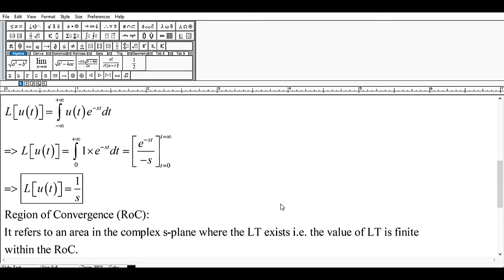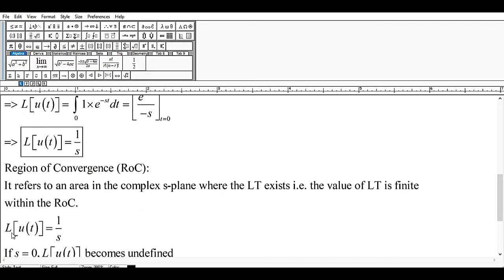So how can one evaluate the region of convergence? In order to answer that query, let us take the previous example, that is, let us consider the Laplace transform of the unit step function. As we already know, the Laplace transform of the unit step function is 1 by s.